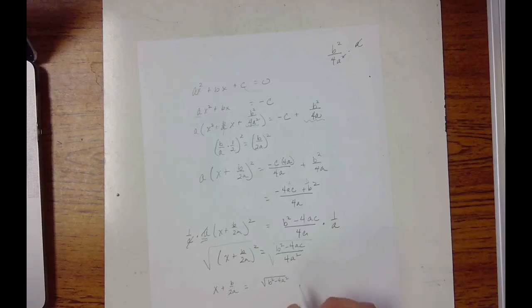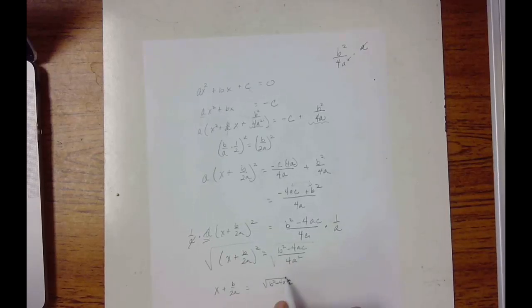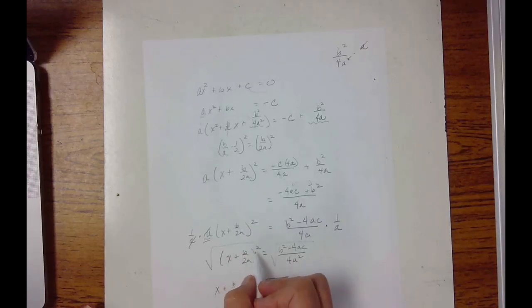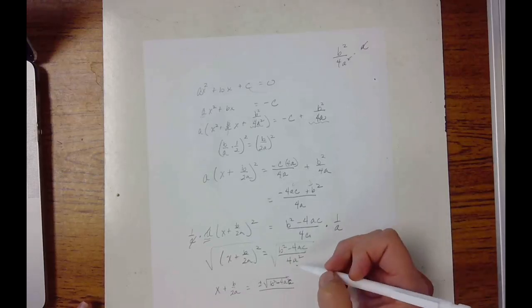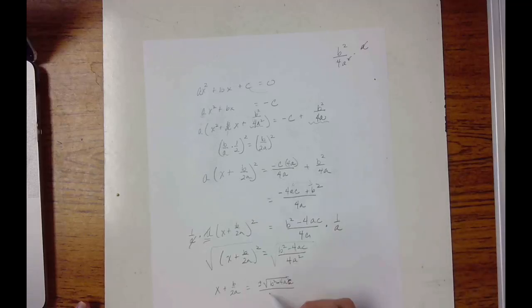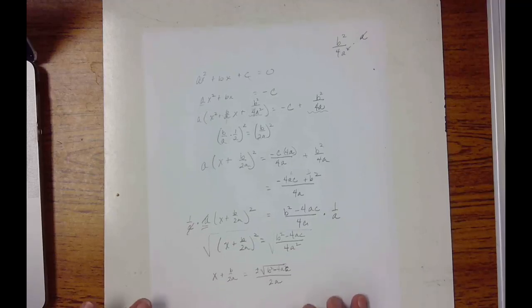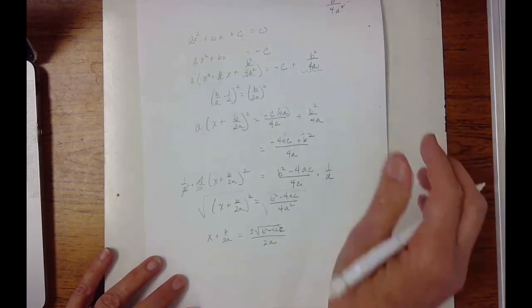Remember, you cannot square the b at this point because you're subtracting the 4ac from it. Those are glued together. But because we took this expression and squared it, we have to remember both plus and minus on my radical. Then when I take the square root of 4a squared, that is just going to be 2a. Square root of 4 is 2, and the square root of a squared would be a.